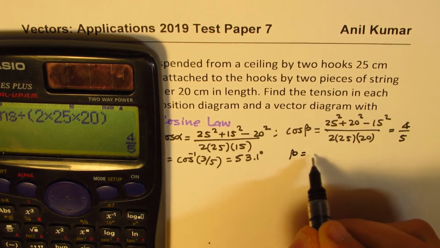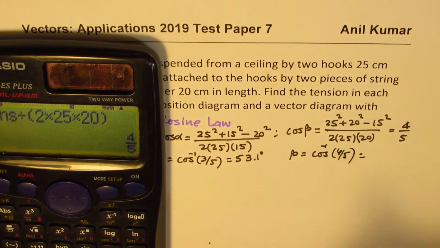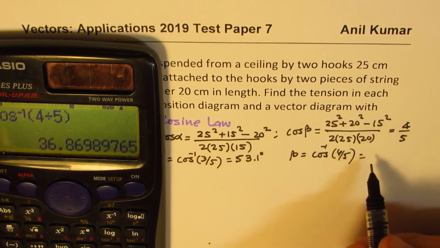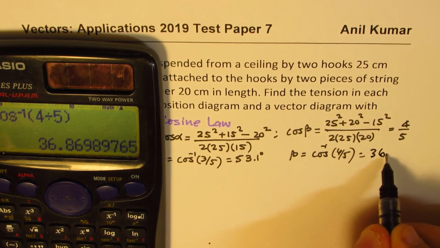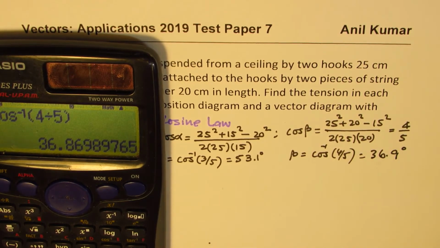So beta is cos inverse of 4 over 5, which is how much? Shift cos inverse 4 divided by 5 bracket close equals. This gives you 36.869. So I'll write this rounded to one decimal place as 36.9 degrees.